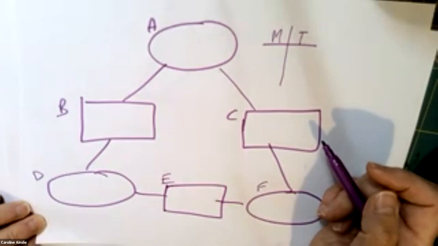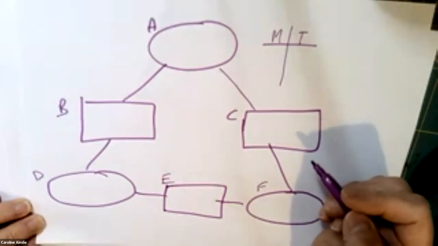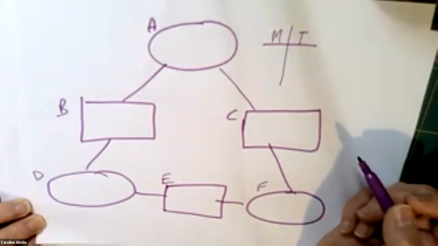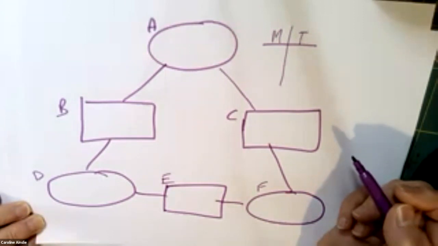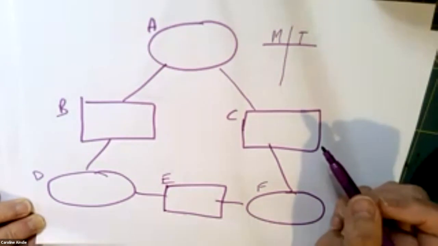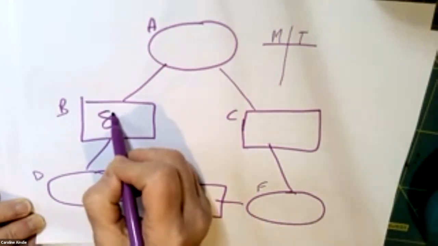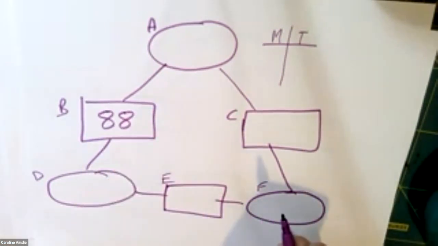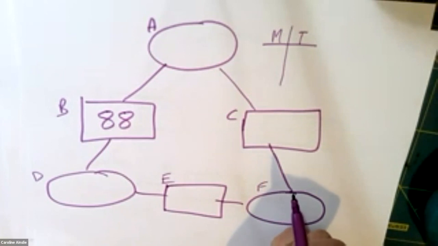Okay. Mary, you put the first number in then, and we've got the boxes A, B, C, D, E, F. So you just say which box. Okay, I want to put 88 in box B. Okay.